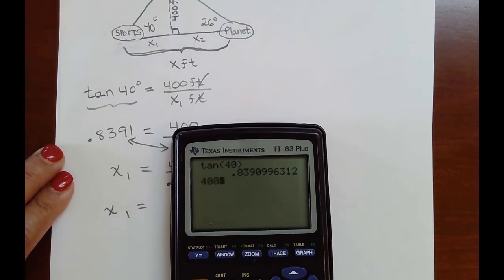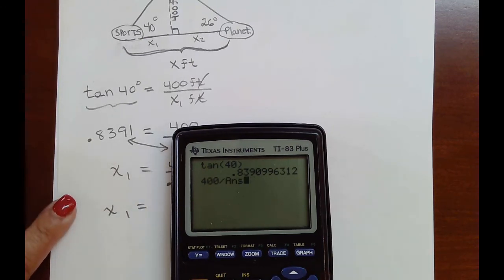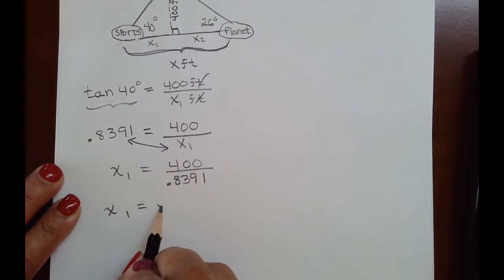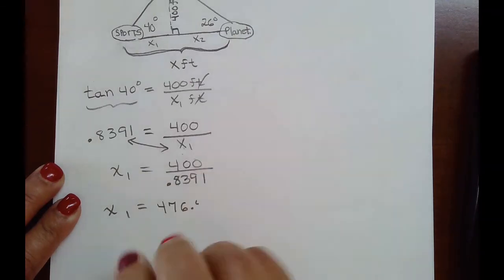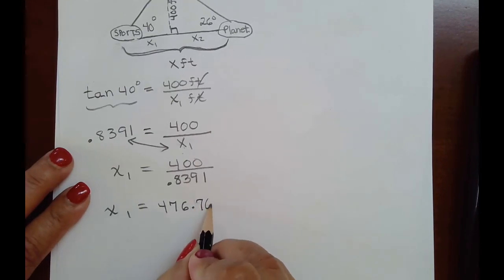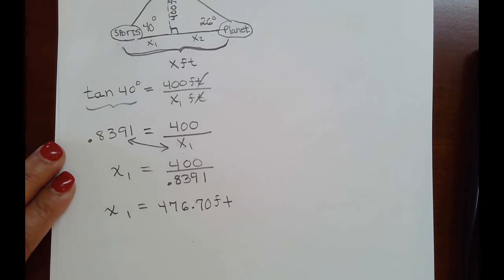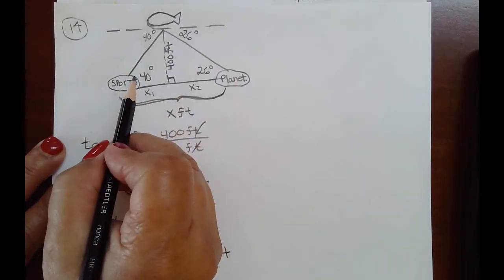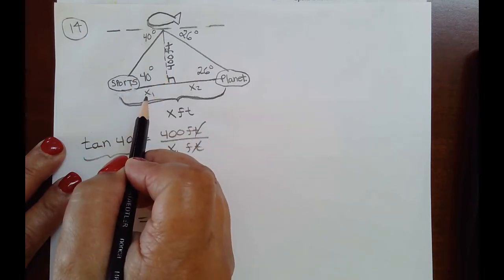This is going to be 400 divided by 0.8391, and that'll be 476.70 feet. And then we'll do the same thing with this other triangle. I did this one where I went tan of 40 is equal to 400 over x sub 1.